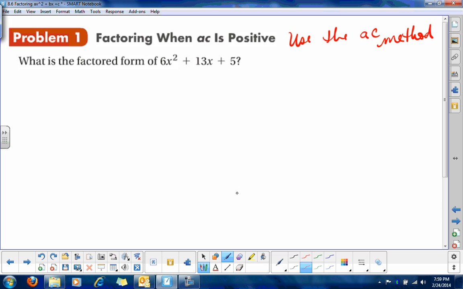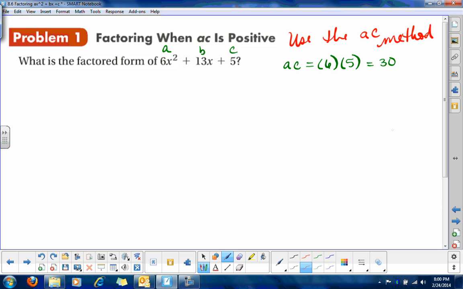And we're going to multiply, let's rewrite our trinomial here. We've got Ax squared plus bx plus c. Okay, so when we use the AC method, we're going to multiply A times C. So we're going to multiply 6 times 5, which is 30.